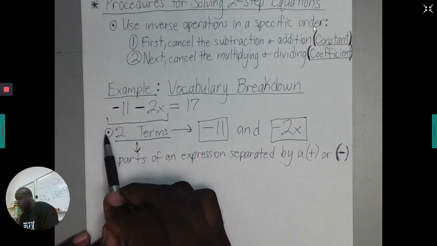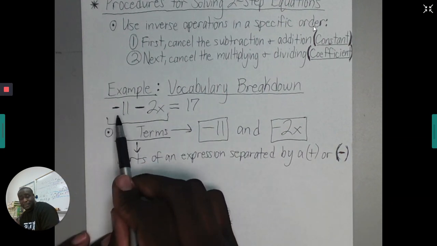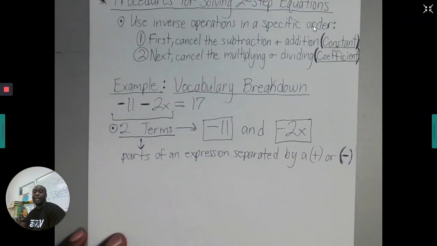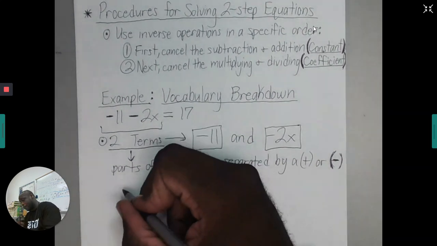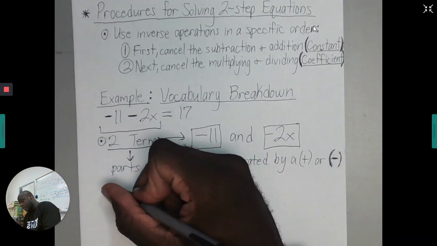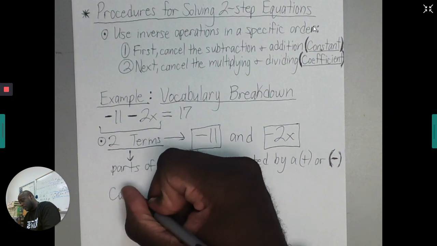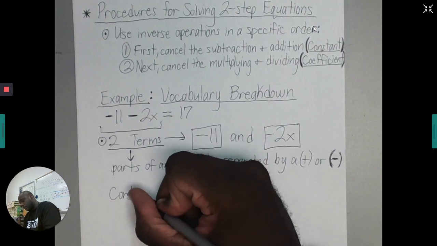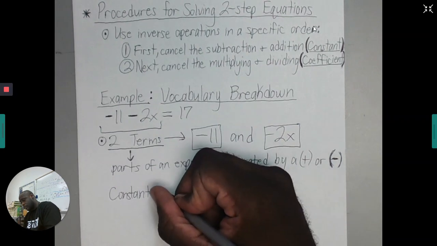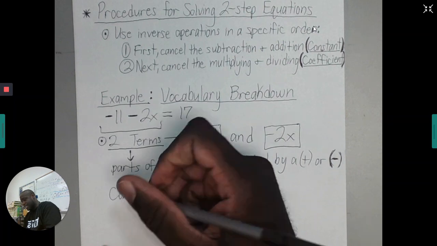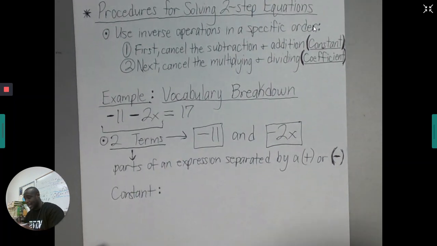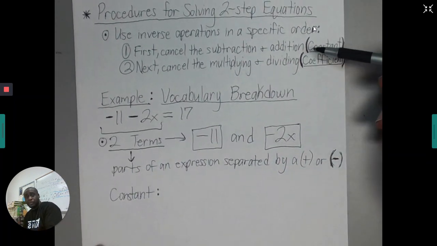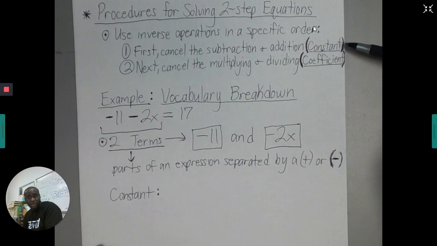The term negative 11 is what we call a constant term. So in this case, negative 11 is a constant. Again, the first step is to cancel out the subtraction and addition, and I have the word constant written here.